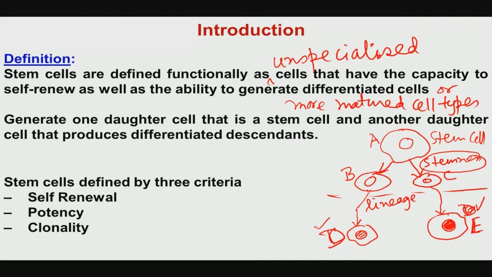Although they come from two different daughter cells of one mother stem cell, their functionality is different, and therefore, in principle D and E can form different tissue types also.